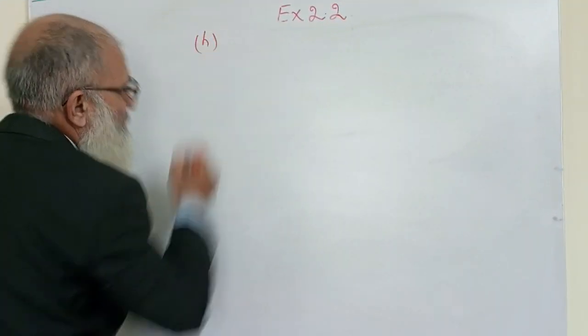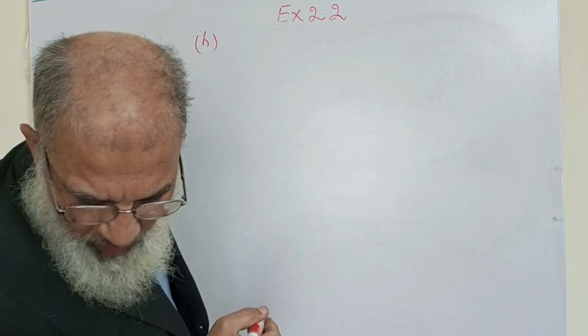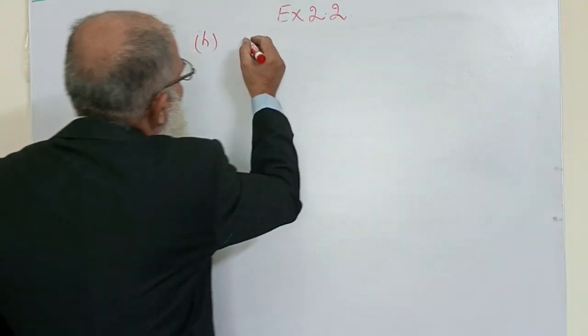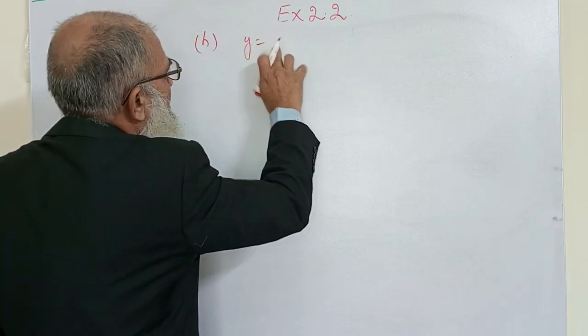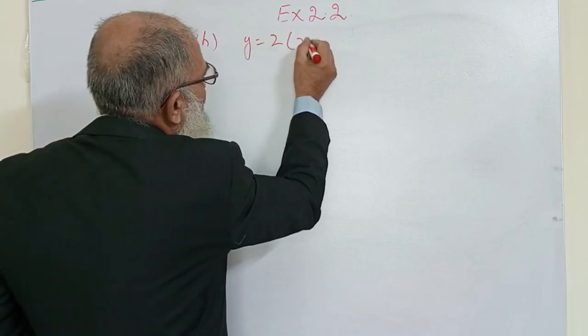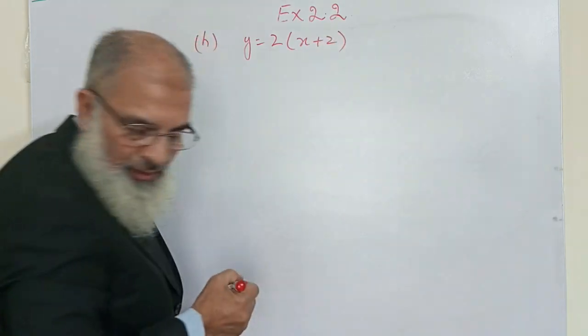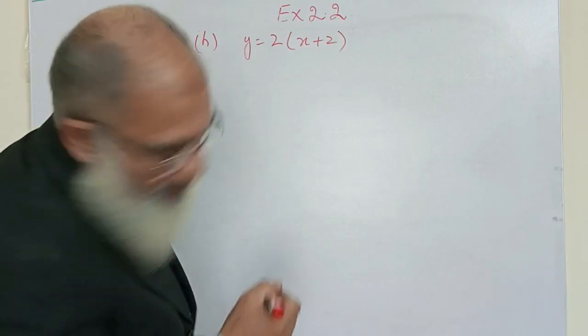Part H, that is y is equal to 2 times (x plus 2) minus 10.